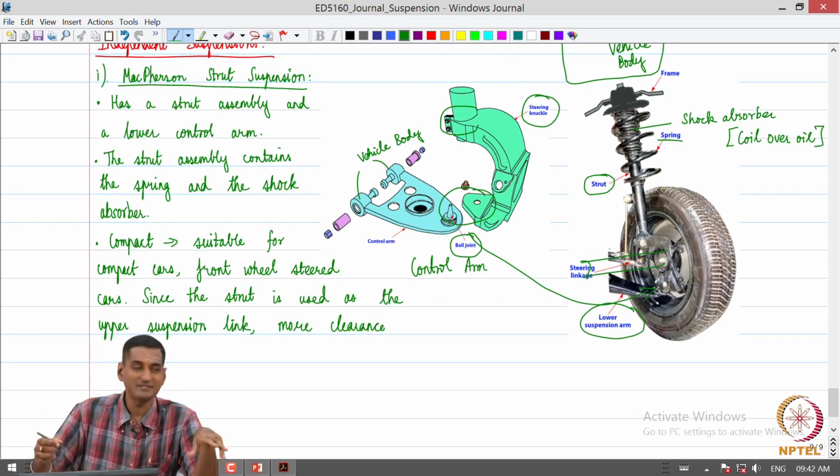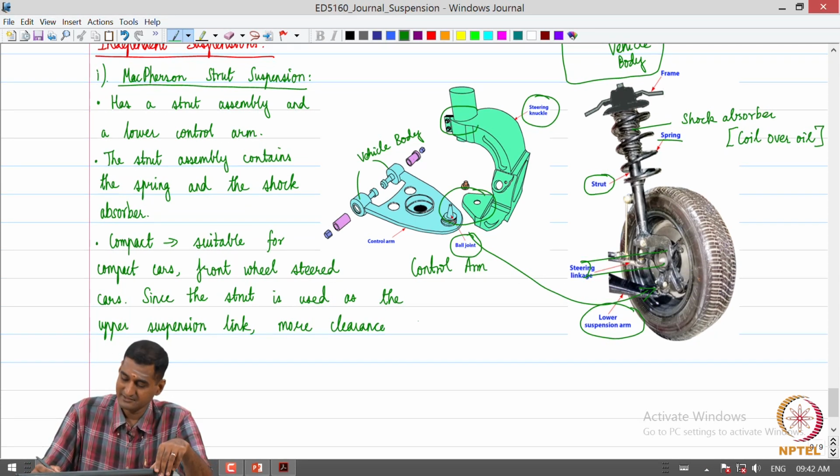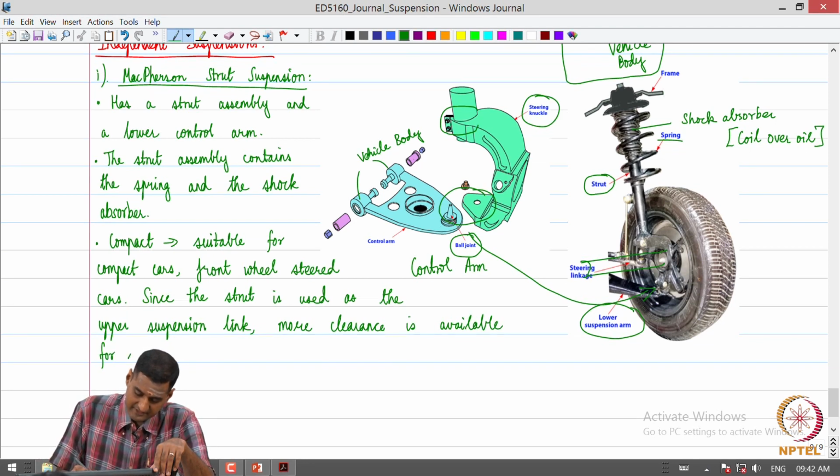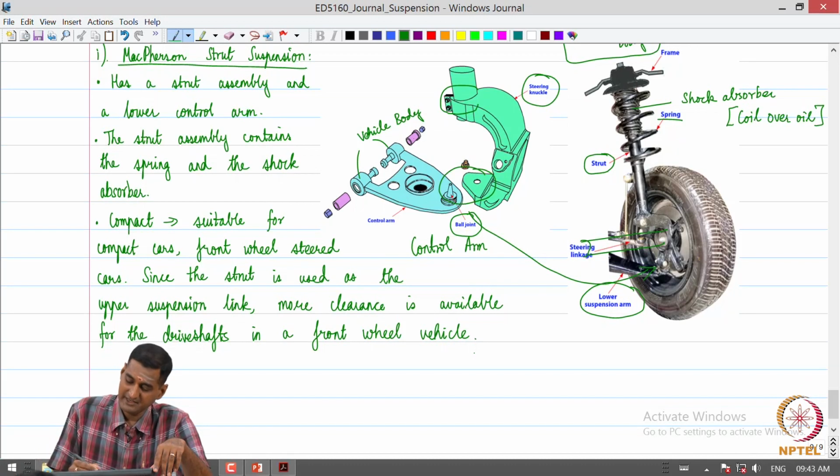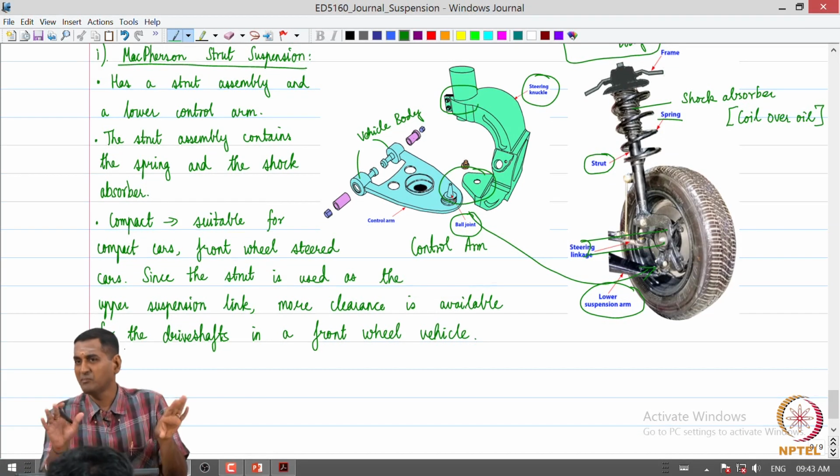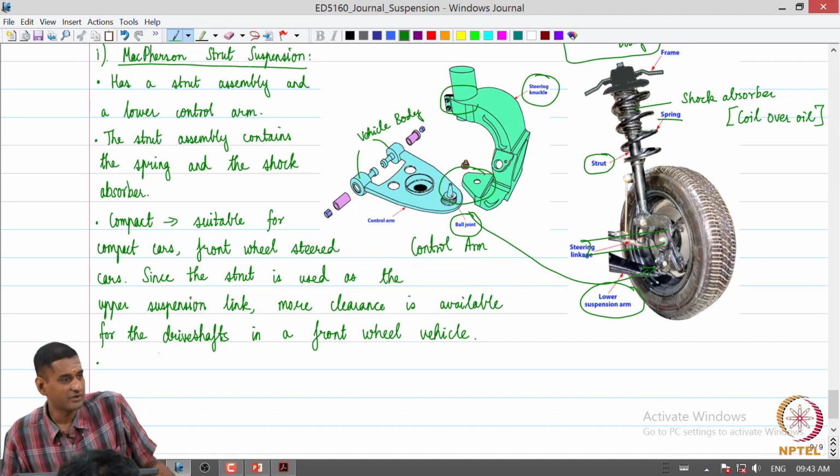So, we will have more clearance for accommodating the drive shaft in a front wheel drive vehicle. So, more clearance is available for the drive shafts in a front wheel drive vehicle. So, that is one main advantage of a McPherson strut, simple, compact, easy to mount and accommodate.